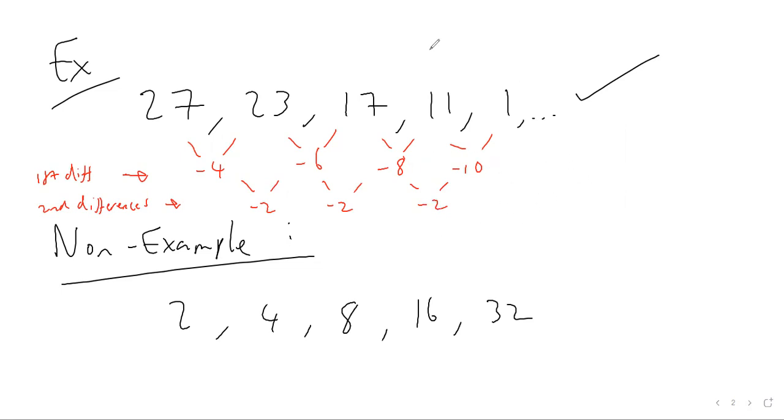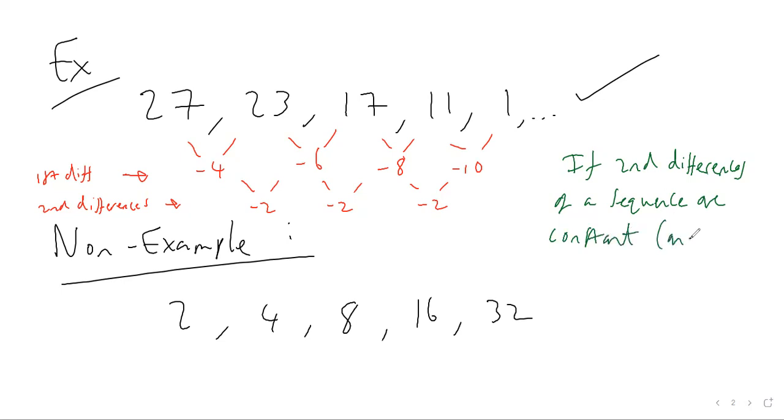So if they are constant, let's make a note of this over here in green. If second differences of a sequence are constant and non-zero as well, I'll emphasize that they must be non-zero, then the sequence is quadratic.